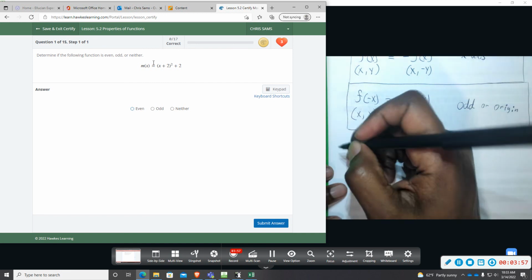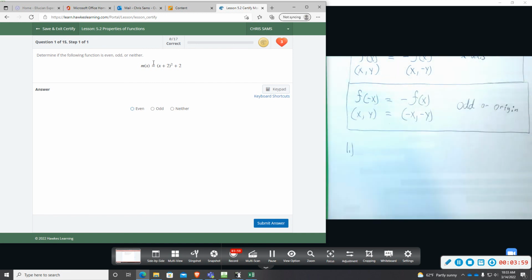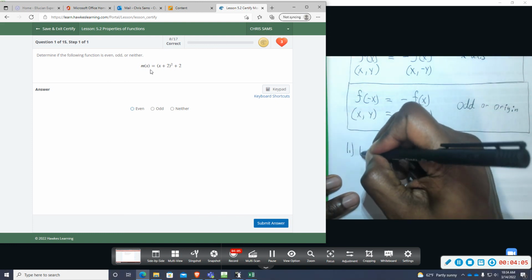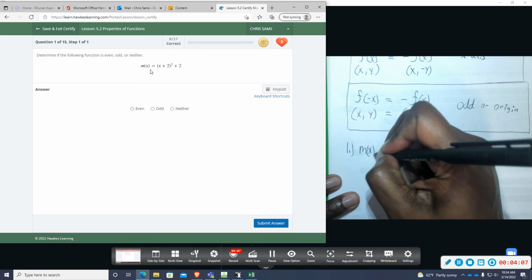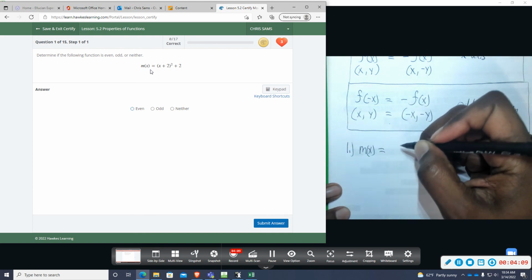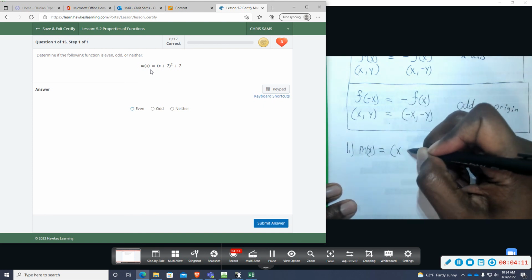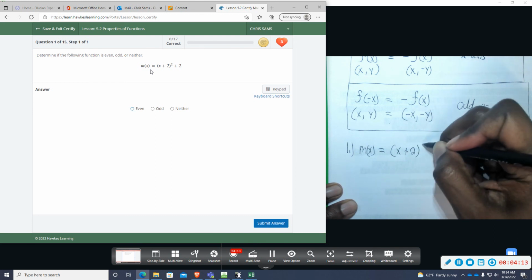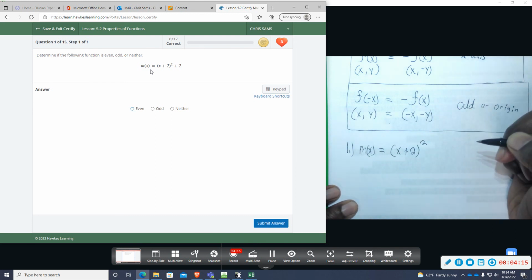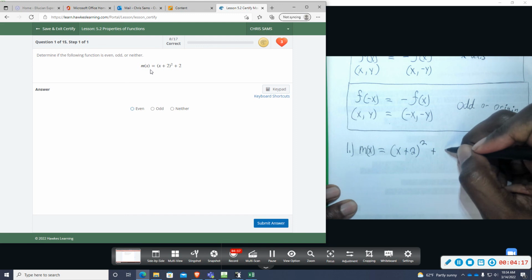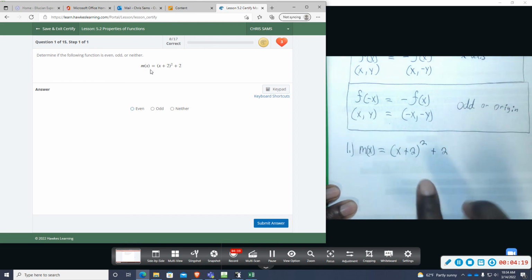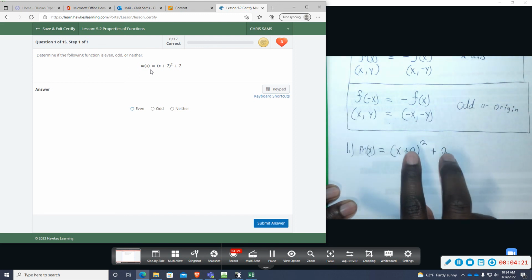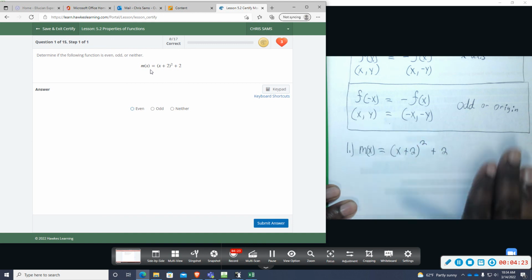So, starting with number 1, we have some function m of x is equal to (x plus 2) squared, and then we have a plus 2 outside. So this plus 2 and this plus 2, these are shifting and moving the graph.